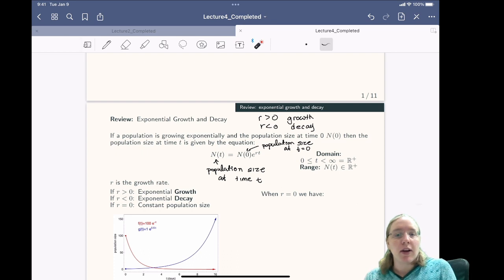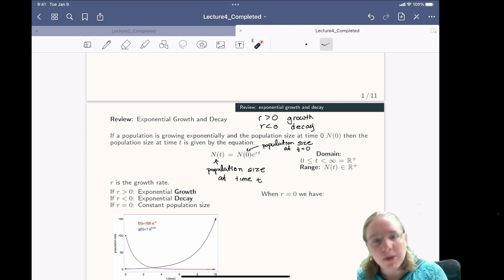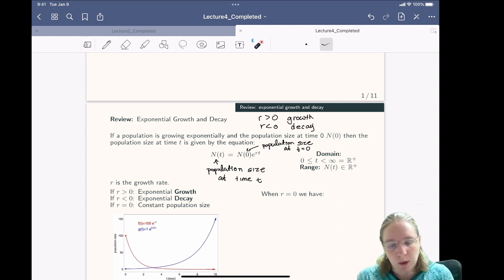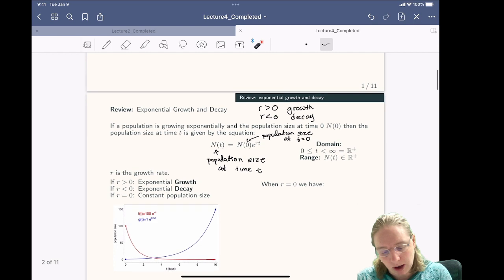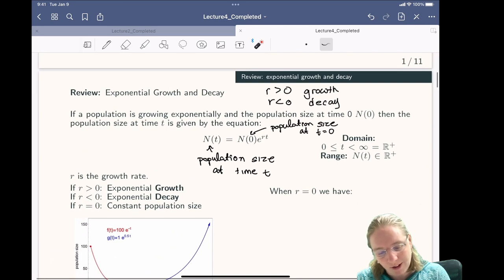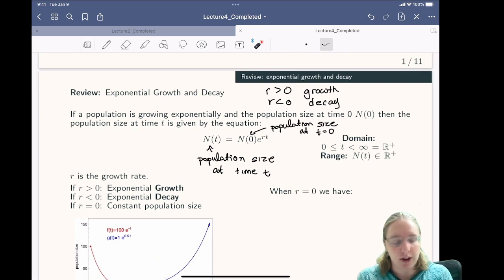In general, the domain of an exponential function can be anything in the real numbers. But now we're starting to get into a world where we're making biological functions out of these functions that we mentioned in the previous 2 lectures. We know that time has to be positive. You can't really have negative time.